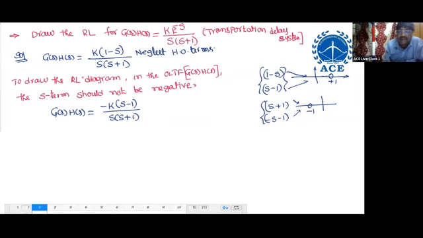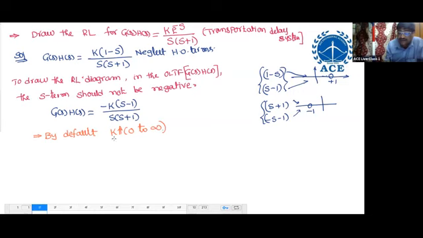It is nowhere related with K. That minus sign is because of the system, not because of K. So by default, the range of K is 0 to infinity. Unless mentioned in the question, never take the negative value of K.